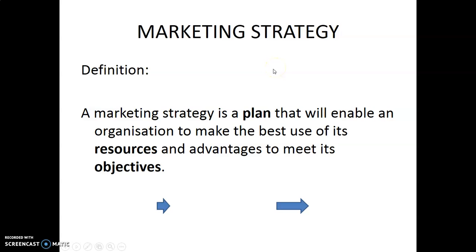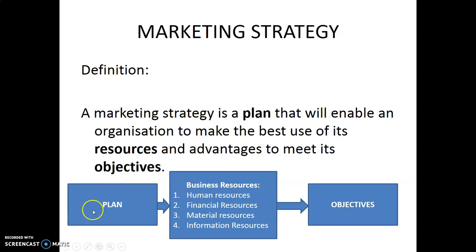When you want to make a marketing strategy, remember, it is your plan, where you use your resources to meet your objective. To make it easy, see, plan. Remember, business resources: human, finance, material, and information, in order to reach the objective. Doesn't matter what your objective is, all you have is resources and you use them. You need to plan it very, very well.